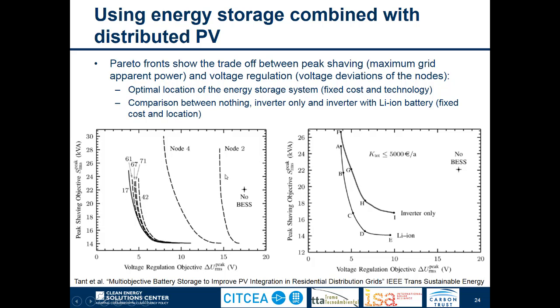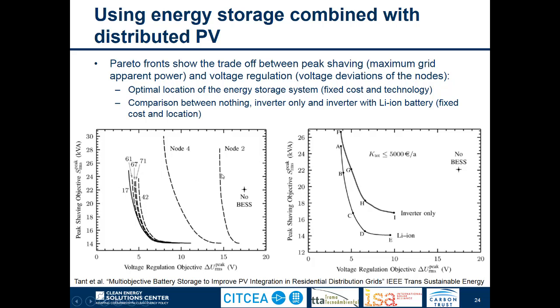The different lines in the system show the installation of an energy storage system with a constant cost and constant technology. So in this figure, we are not discussing the cost and the technology, and we can compare where we are when we do not have any storage system, which is this point here, okay? And then we can also see how the node we select influences the results.